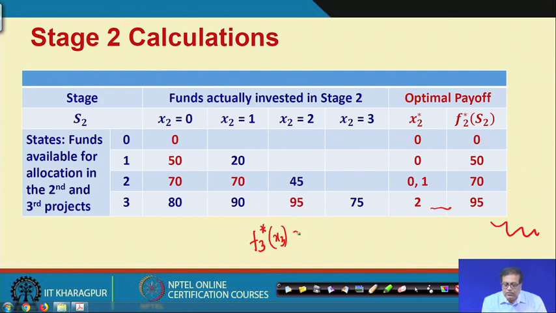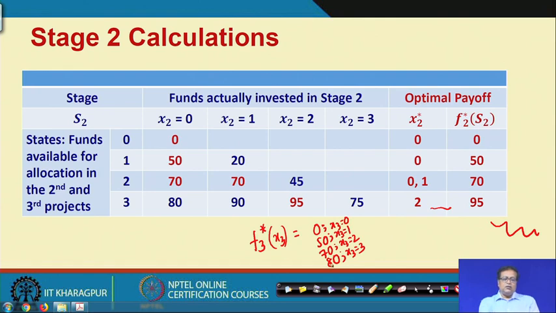these values are 0, 50, 70 and 80 for x 3 equal to 0, x 3 equal to 1, x 3 equal to 2 and x 3 equal to 3.